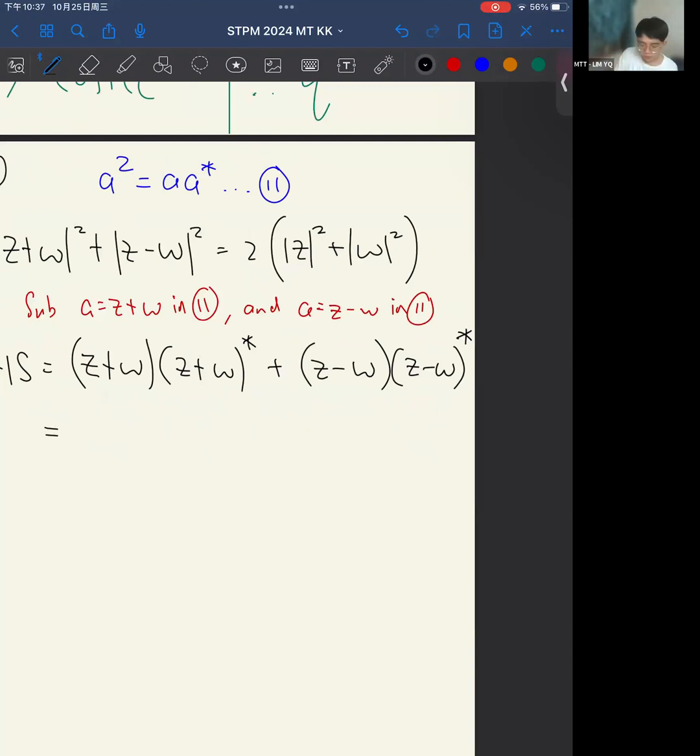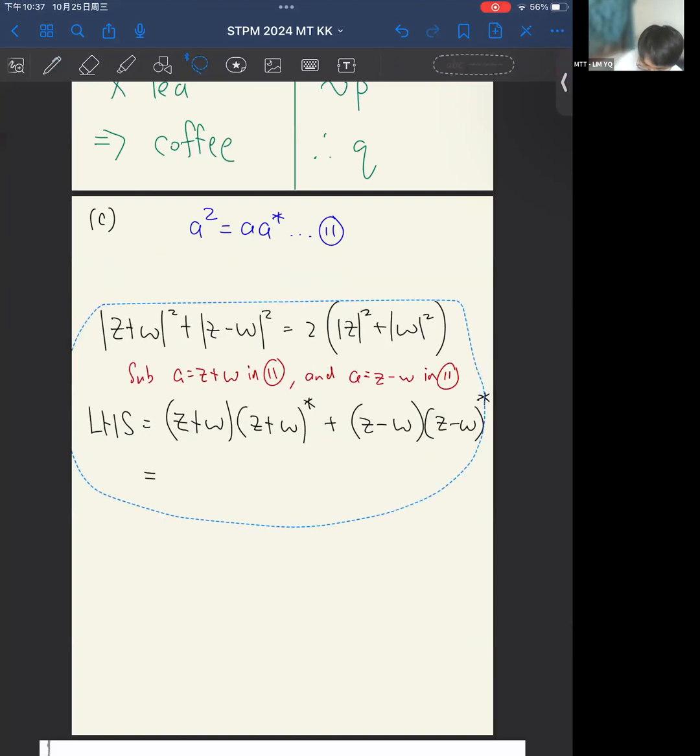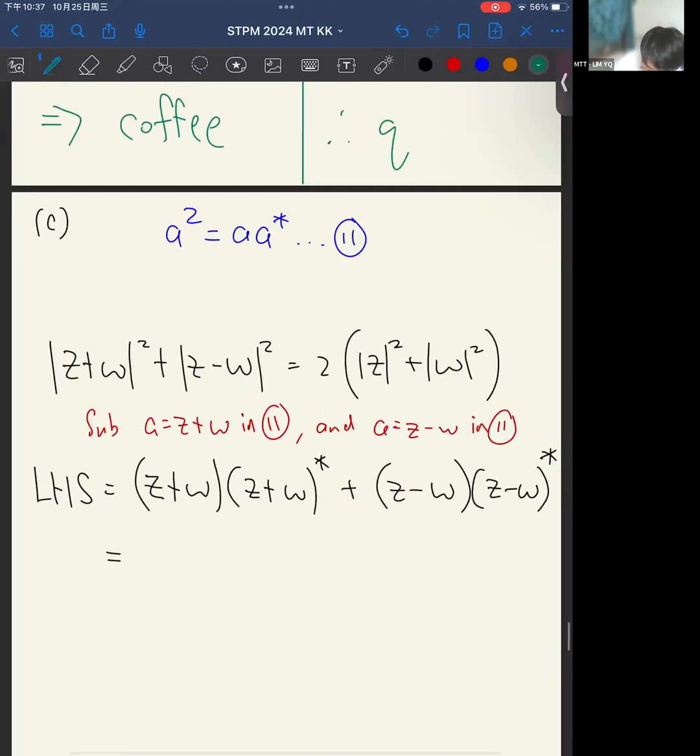Now actually you will use the second theorem. Second theorem is this: A plus B conjugate is equal to A conjugate plus B conjugate.